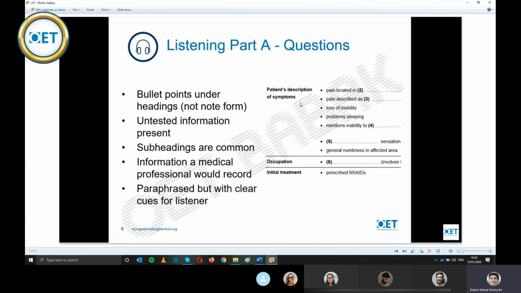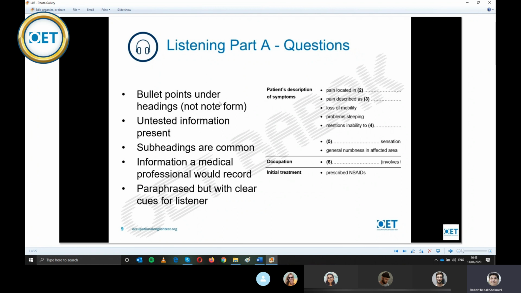The information is usually paraphrased, but with clear cues for the listener. Maybe you don't exactly hear "the pain is located in my tummy," but you can see it says you need to write the location of the pain.